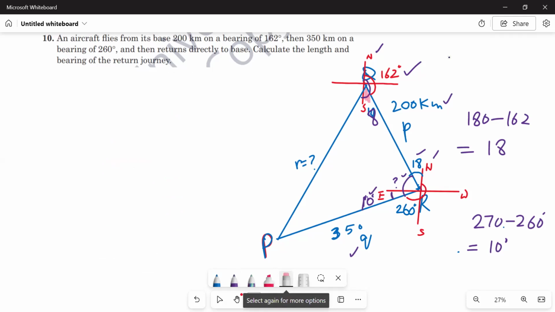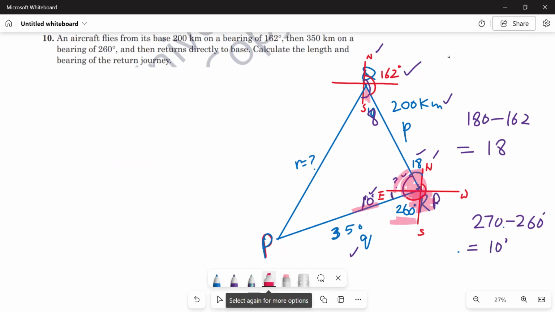Is it clear? From point R here, if we take this complete circle, it is 360. 260 is this one, 10 is this, that becomes 270, and then plus 18. If we add these all and subtract from 360, we will get this angle.